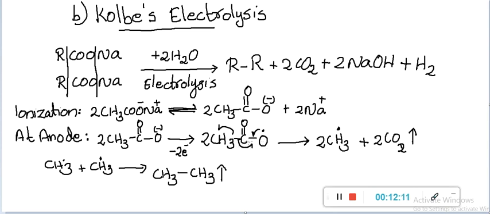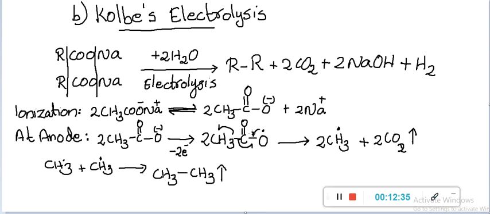So that is our carbon dioxide. 2 moles of carbon dioxide getting eliminated and 2 moles of CH3 radicals also produced. This half arrow represents free radical mechanism.